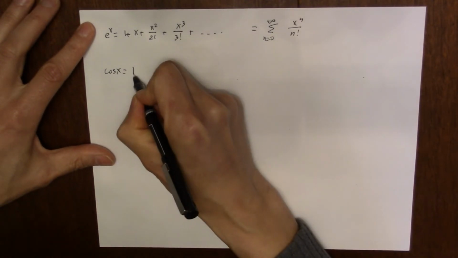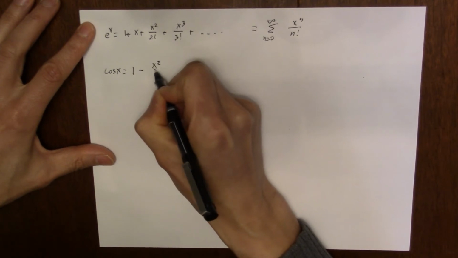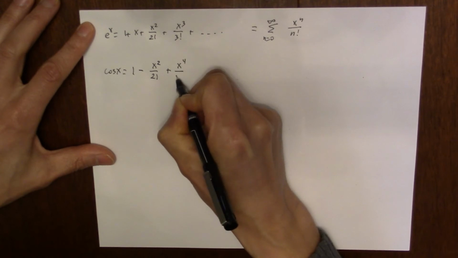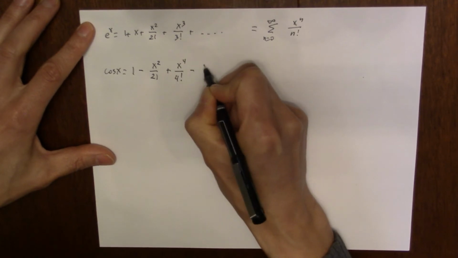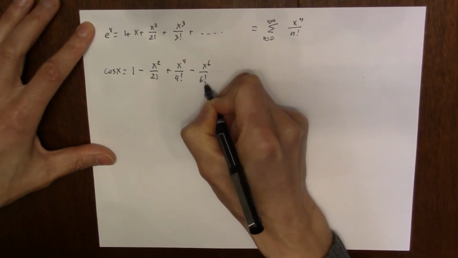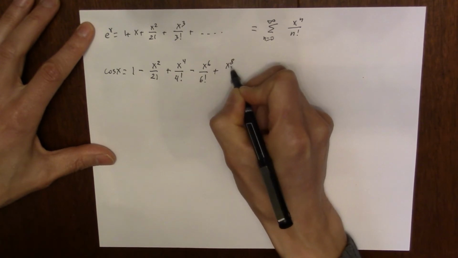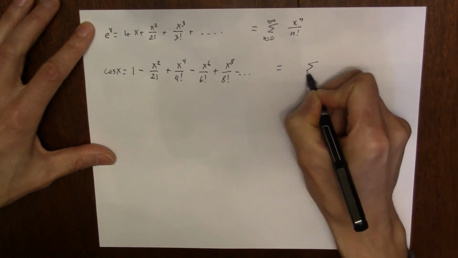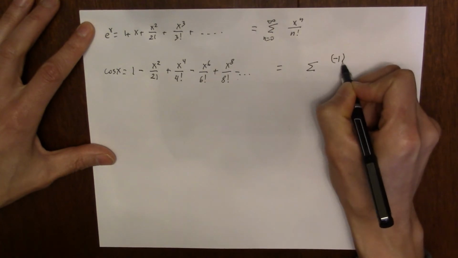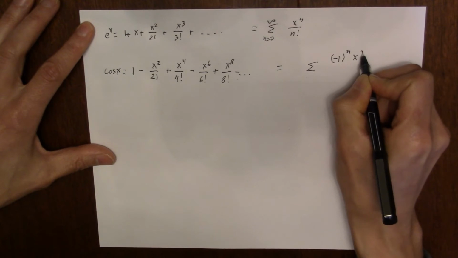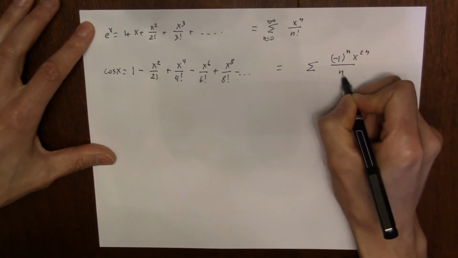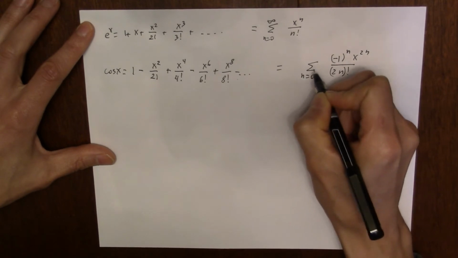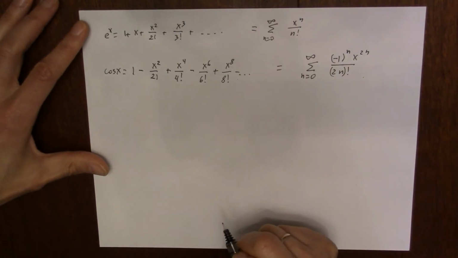So we start with positive 1, then minus x squared over 2 factorial plus x to 4 over 4 factorial minus x to 6 over 6 factorial plus x to 8 over 8 factorial, and so on. Or using sigma notation, negative 1 to n, x to 2n over 2n factorial, and n starts at 0 and goes to infinity.